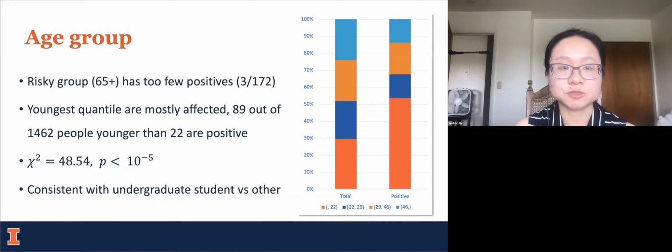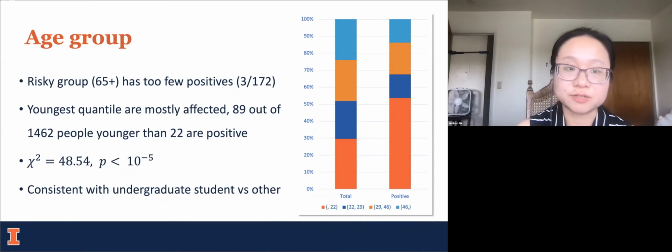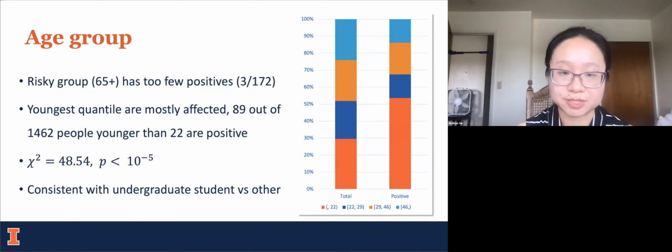And for the age group, first we tried to stratify by the risky group versus non-risky group, but the risky group has too few positives. So we split the age groups into quantiles, so each quantile has approximately the same population. We found the youngest group is significantly more affected. That's consistent with the undergraduate student analysis.